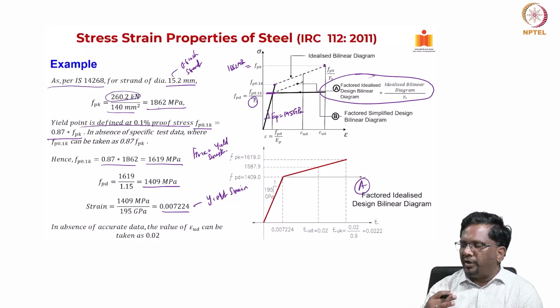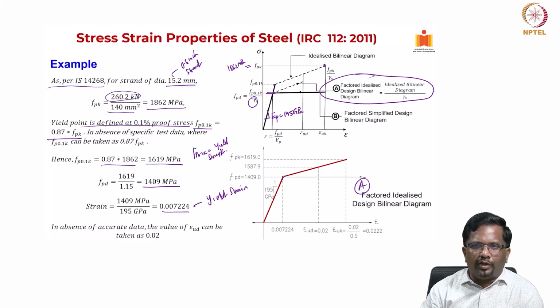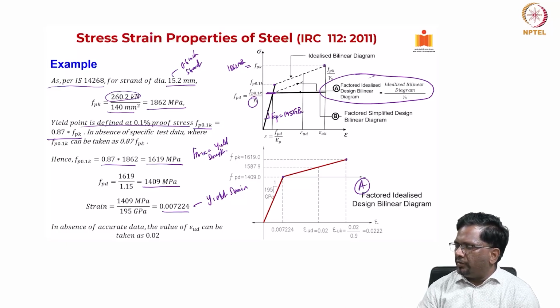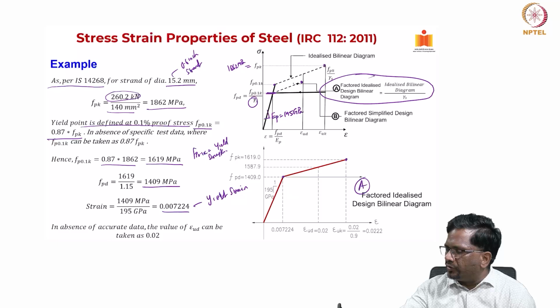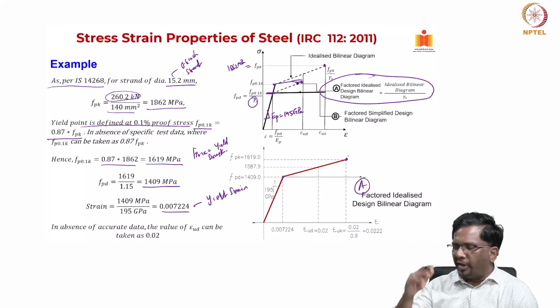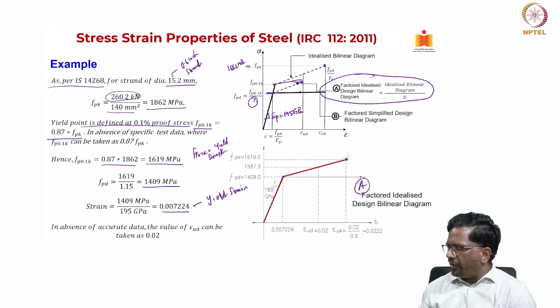That 1619 you divide by 1.15 to get your design yield strength as 1409 megapascal. Then the maximum strength in the design curve is taken equal to FPK, the 1619 megapascal, in your idealized factored design bilinear diagram. So you get all the values.